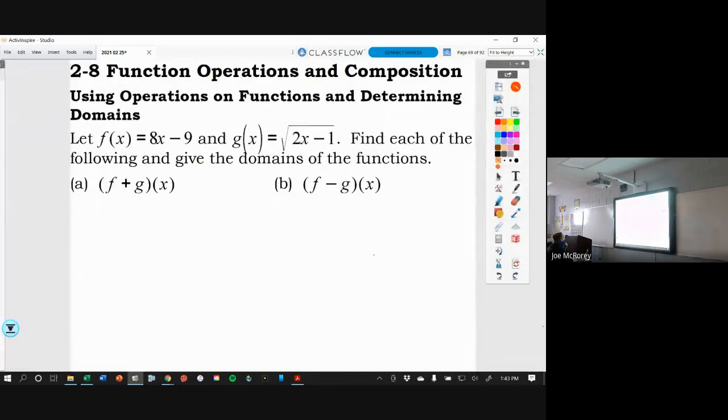4 more problems. We have different values for f of x and g of x. But now we're not plugging in numbers. We're just dealing with the functions.